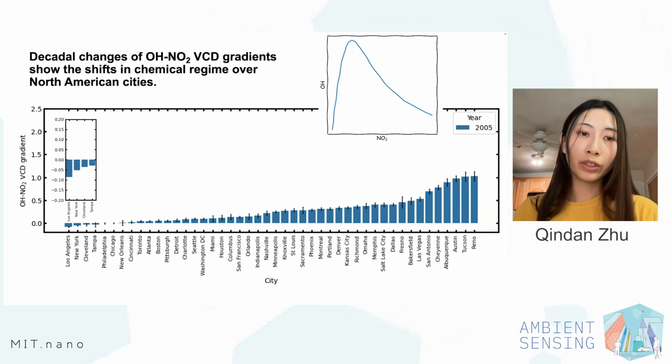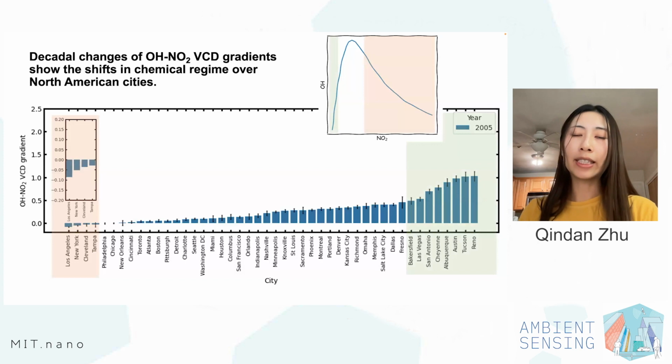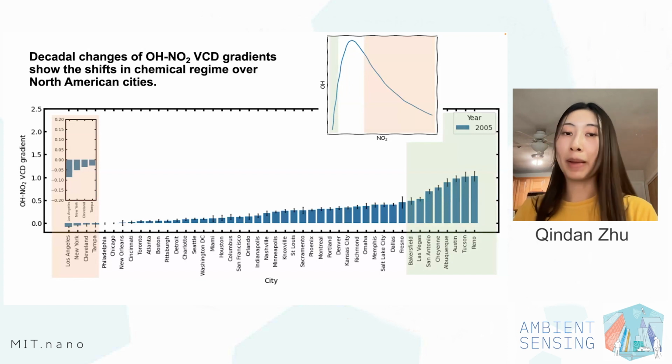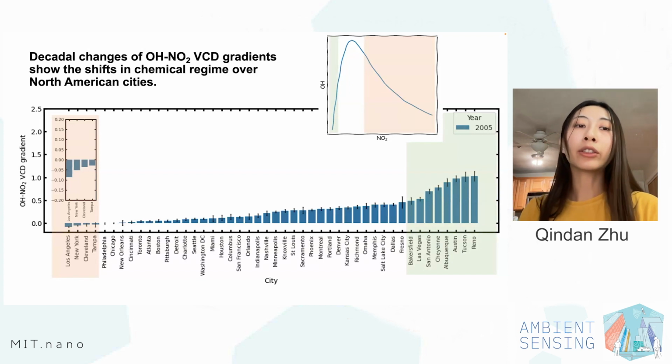We see that the first 4 cities are characterized by a negative gradient, indicating that they were in the NOx suppressed regime in 2005. There is a small group of cities on the right with a positive gradient, demonstrating that they were in the NOx limited regime back in 2005, and a large number of the cities were falling in the middle.